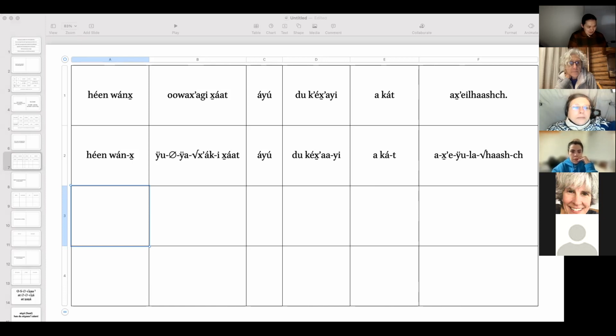I think it's under salmon. Okay, I'll have to show you the picture a little later. I'm not finding it. Okay, shucks.